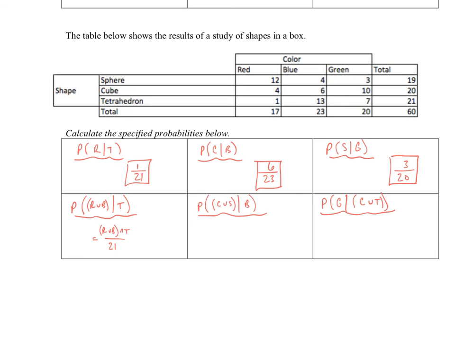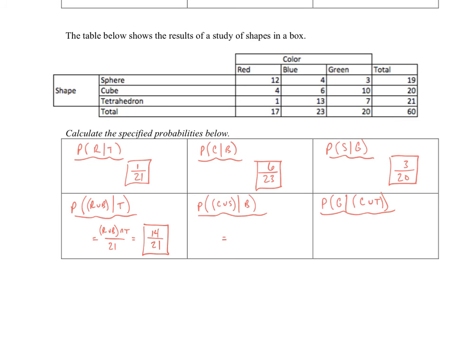So let's find all of the shapes out of these 21 tetrahedrons. How many of them are either red or blue? 14. I add them and I subtract the intersection, but remember there is no intersection of these two things. You can't be both red and blue. So in this case I just get to add those two things together. So that's 14 out of 21.